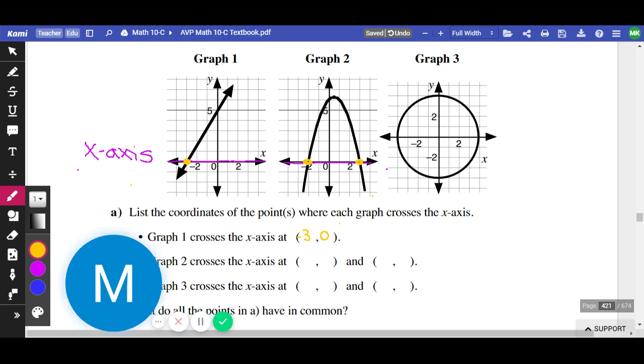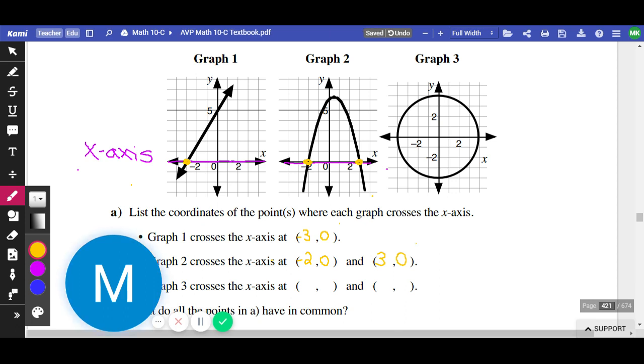The first one is at -2, 0. Right? It hasn't moved up or down. So as an ordered pair, we call it -2, 0. The second point is at 3, 0. X value of 3, it's 3 to the right. It hasn't moved up or down. It's at 0.